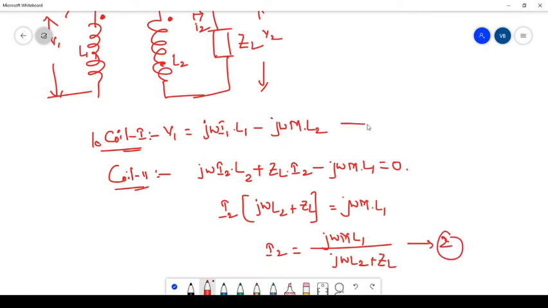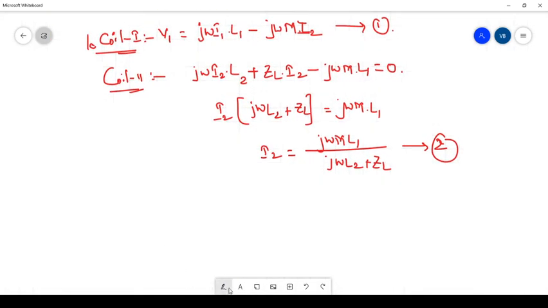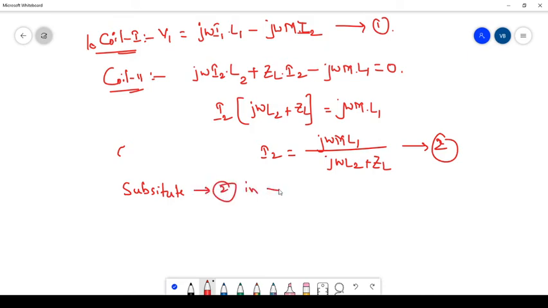So what is equation 1? That is V1 equals j omega I1 into L1 minus j omega M into I2. Here you substitute equation 2 in equation 1.